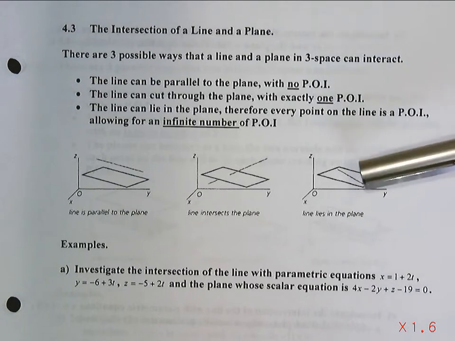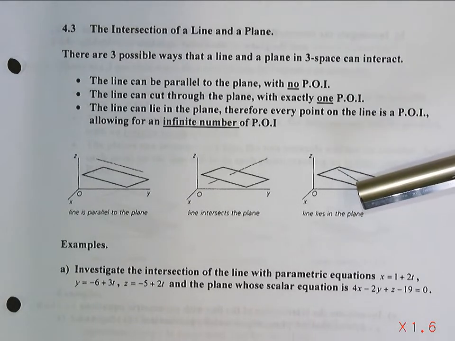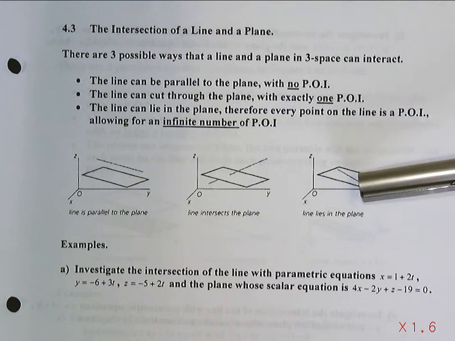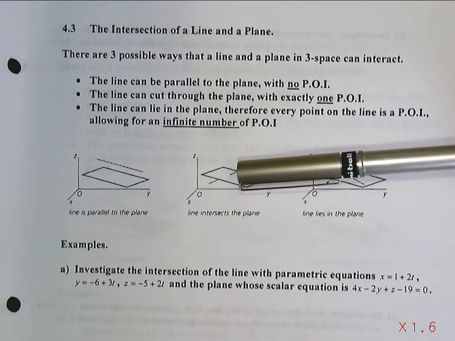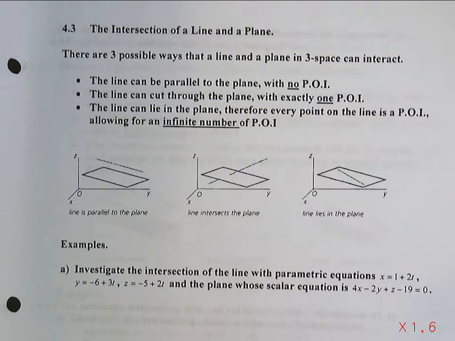And a line could lie in the plane, and we would then have an infinite number of points of intersection. So this is an infinite number of points of intersection, this is exactly one point of intersection, and this is no points of intersection.